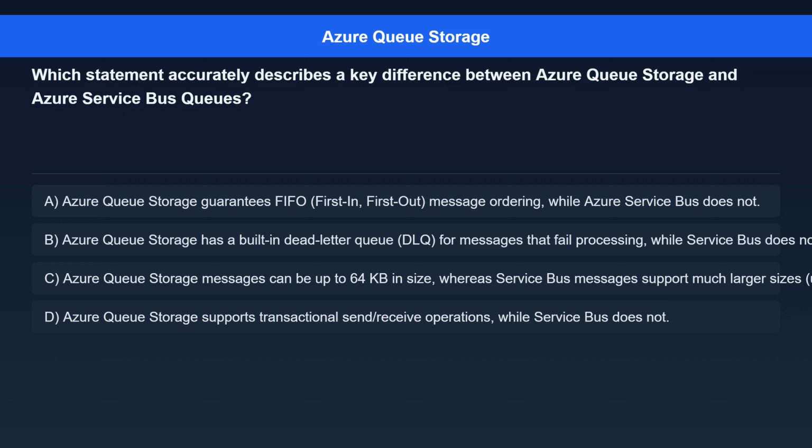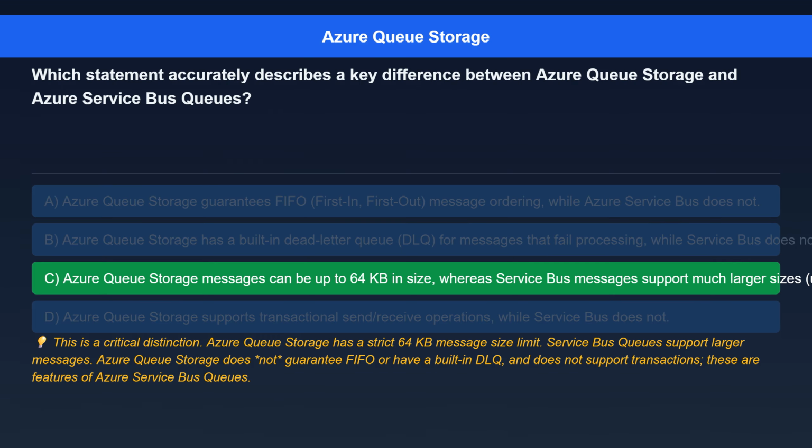Option C. Azure Queue Storage messages can be up to 64 kilobytes in size, whereas Service Bus messages support much larger sizes, up to 100 megabytes in premium. Option D. Azure Queue Storage supports transactional send/receive operations, while Service Bus does not.